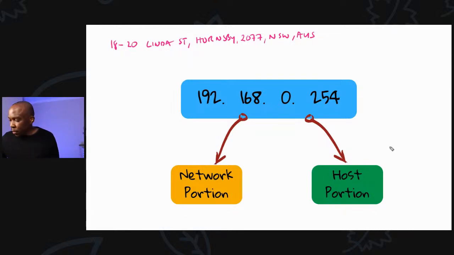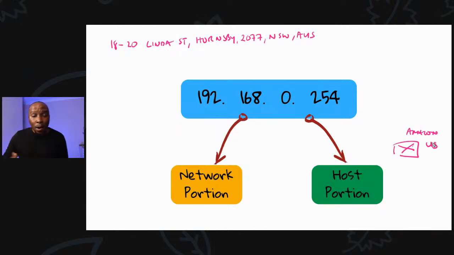If I bought something coming from Amazon in the US, how do they locate my home address? The first thing that they're going to look is they're going to look at the country of destination, and the country is going to be Australia. So my package is going to be sent with all the packages that are going to Australia.